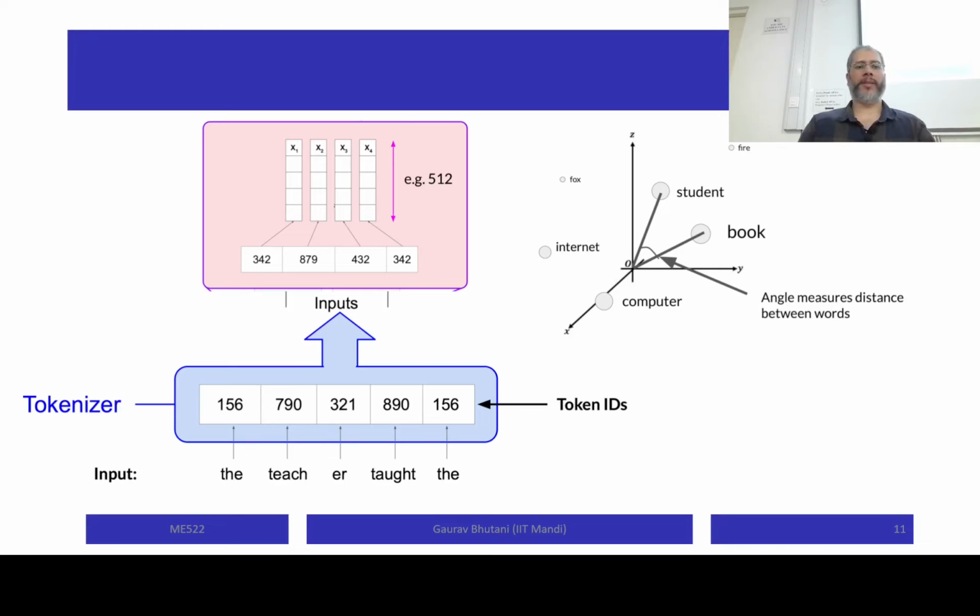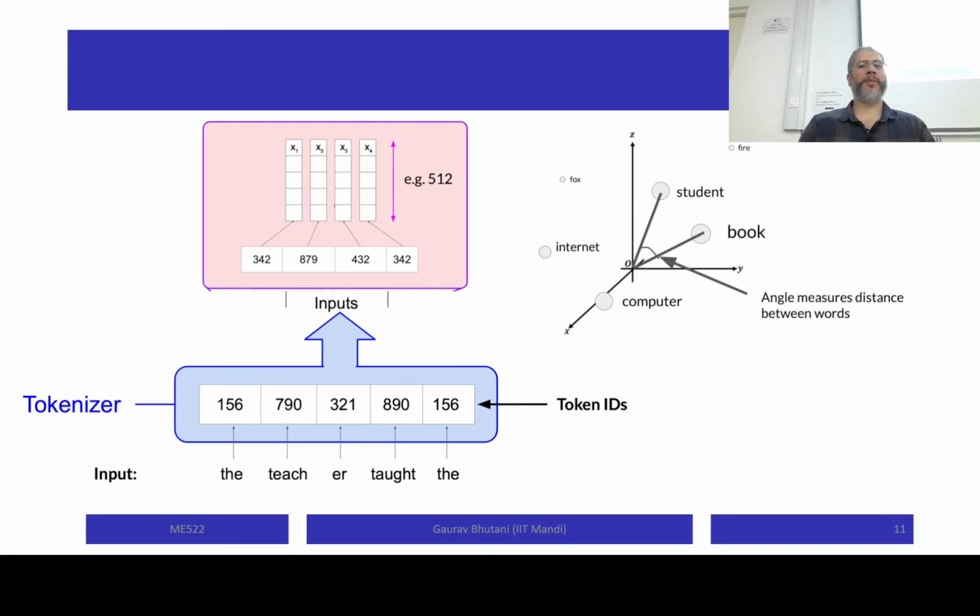If you have lots of tokens, then you have lots of vectors, and each vector also has some dimension. Let's say the dimension is 512, so each vector is 512 long. To understand this with an analogy, look at 3 dimensions, where the vectors are 3-dimensional.